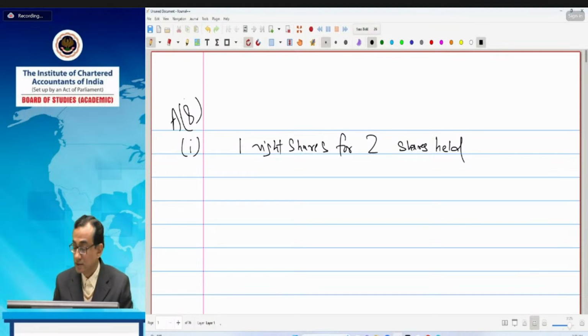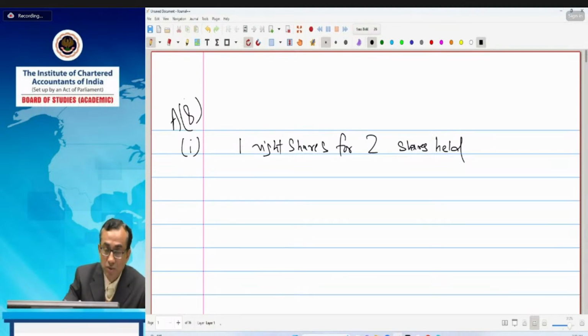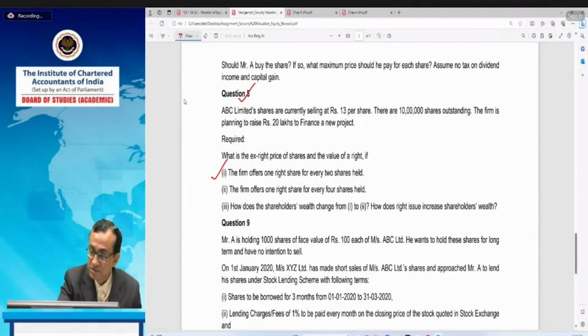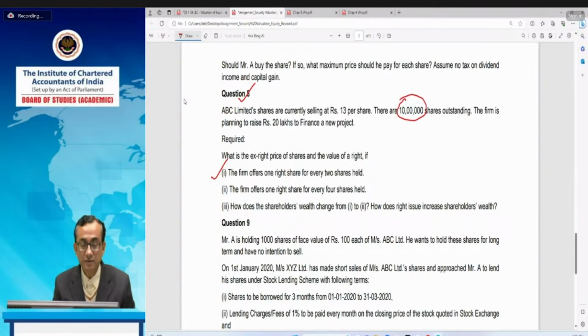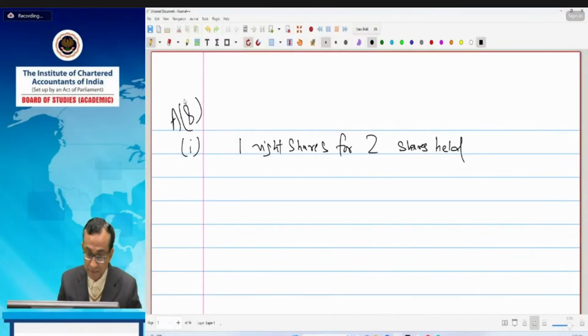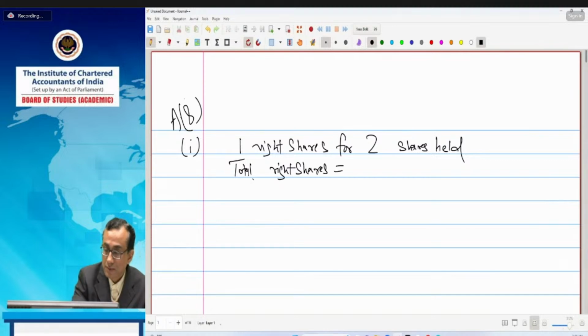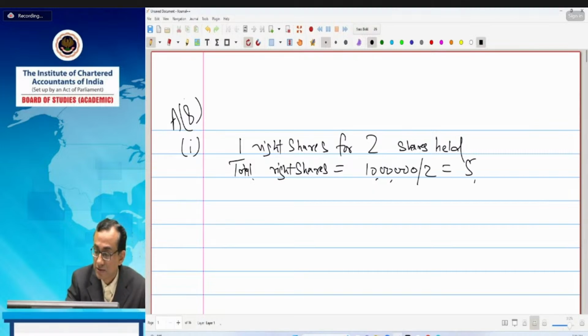Now, what will be the total right shares which will be issued? Total existing shares, it is given in the question, is 10 lakh. So half of 10 lakh will be 5 lakh, because it is one right share for two equity shares. Total right shares will be 10 lakh divided by 2, which is 5 lakh right shares.